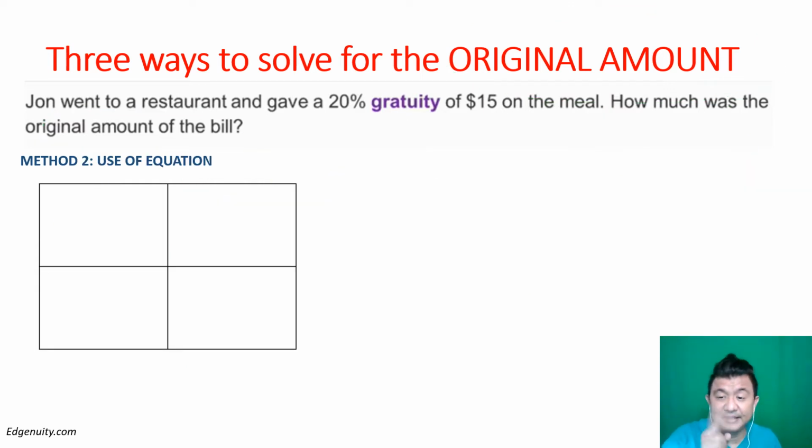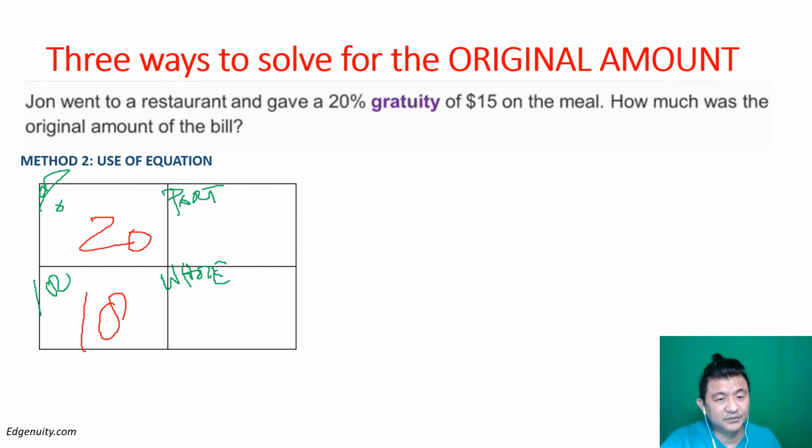Let's use the second method. Probably you would like this better. I prefer this one. Okay, again, percent over 100, remember this, is equal to part over whole. I always do that so I know where to put the numbers. So the percent 20 goes here. It's always over 100.